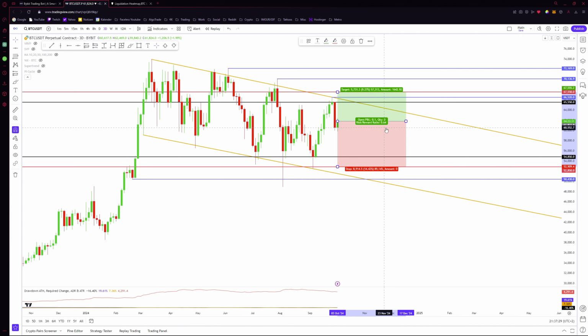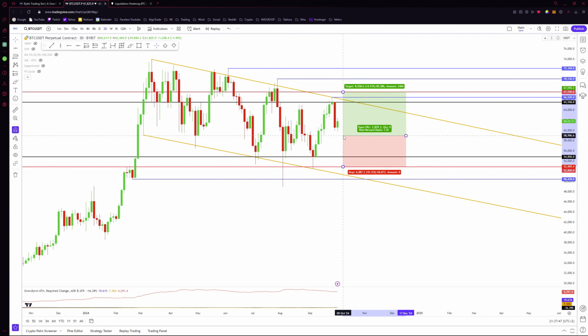Because the risk to reward ratio is 0.64. It's below 1. I always want to have a bot on trades where the risk reward ratio is above 1. So if I still want to stick to my conviction of a long bot, I would wait for the price to drop so I can have a higher risk to reward ratio.